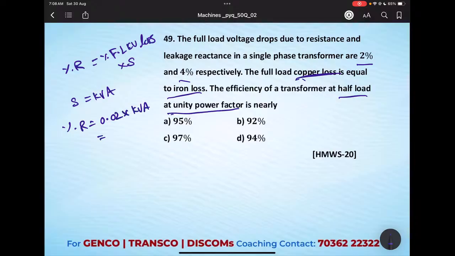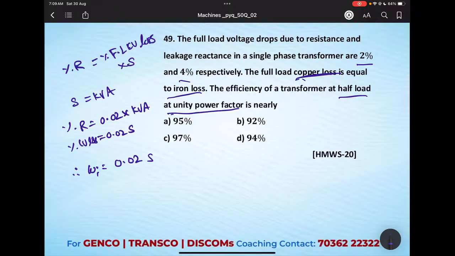It is nothing but percentage copper losses equal to 0.02 S. And what they told: copper losses are equal to the iron losses. Therefore, WI is also 0.02 S, where S is the kVA of the transformer.